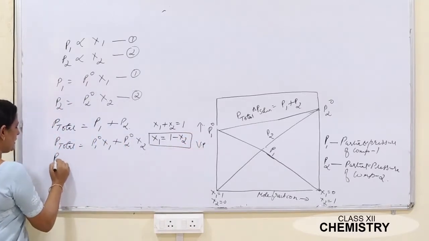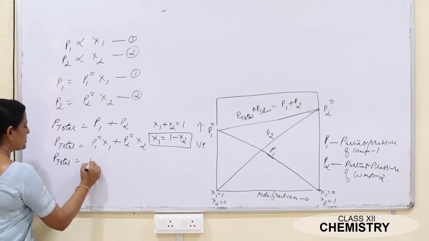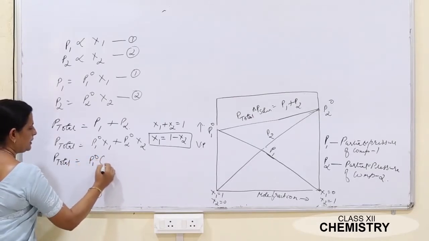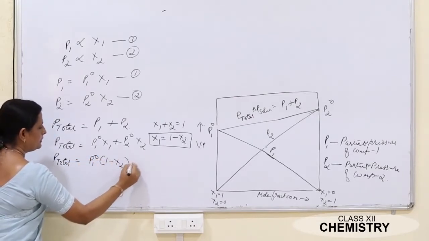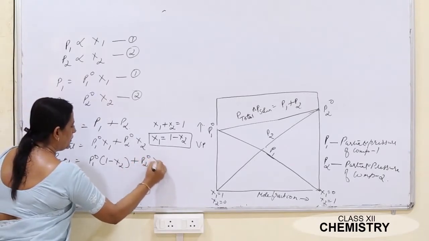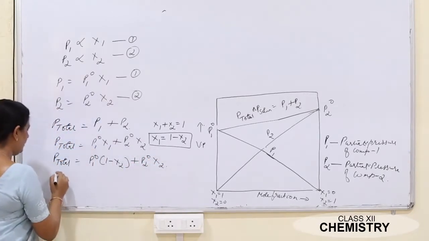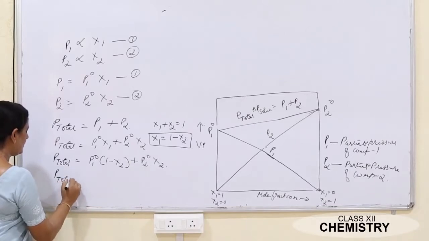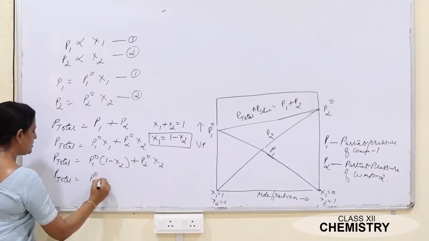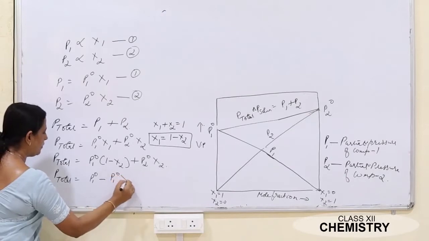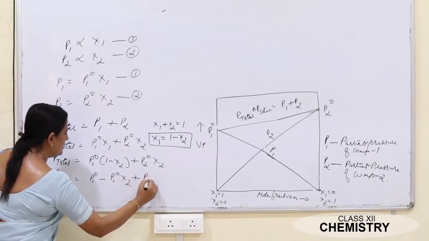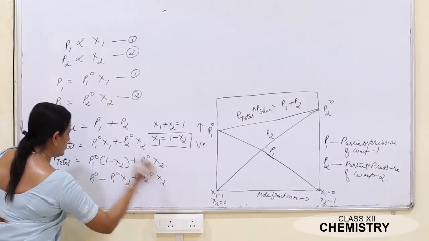So you'll get P total is equal to P1 naught into 1 minus x2 plus P2 naught x2, or P total equal to P1 naught minus P1 naught x2 plus P2 naught x2.